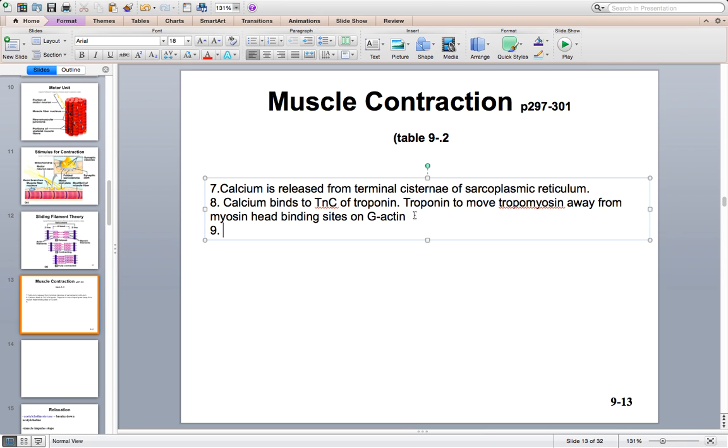As soon as the myosin head binding sites are available, the myosin heads bind to G-actin. When that happens, the ADP and the phosphate group leave the myosin head.